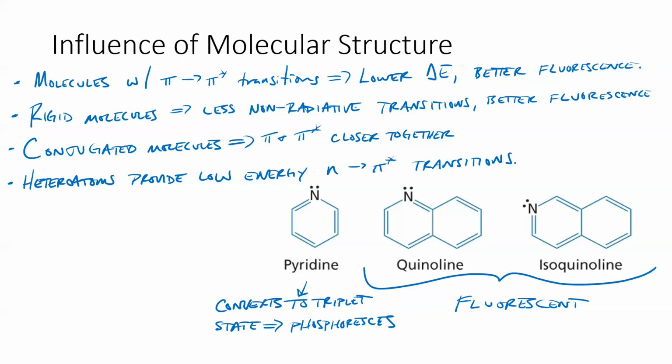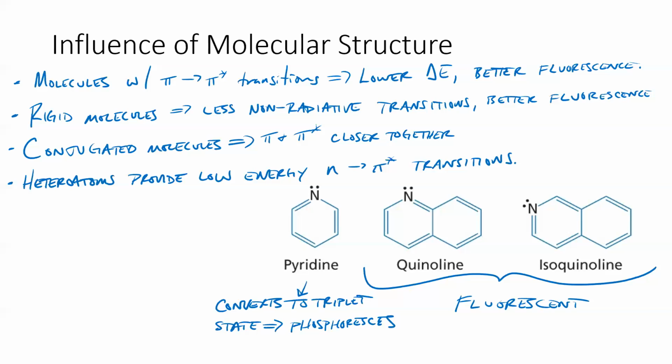And so our textbook provides a picture of nitrobenzene versus aniline. Nitrobenzene doesn't fluoresce, but aniline does, because nitrobenzene has sort of that bulky NO2 group that, A, isn't very rigid, and B, has lots of heteroatoms, the nitrogen and 2 oxygens.